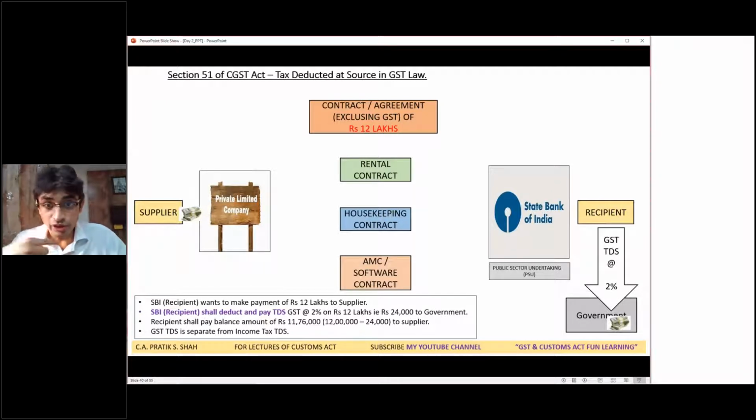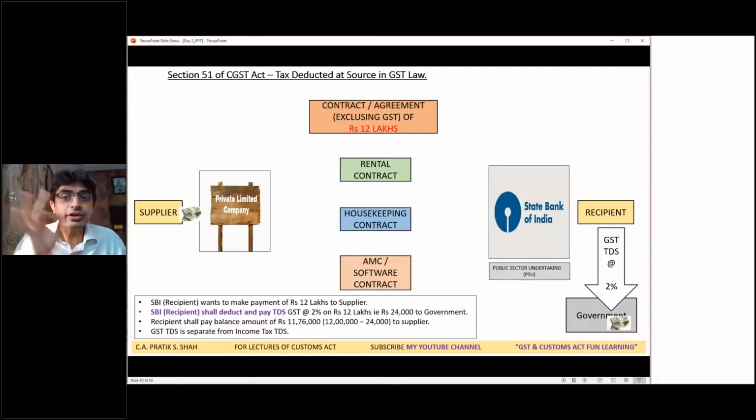When the contract is between me and the government or a PSU, they will deduct my 2% TDS and pay it to the government. What is the rate? 2%. Understood? There is a limit; they will not deduct on every amount.